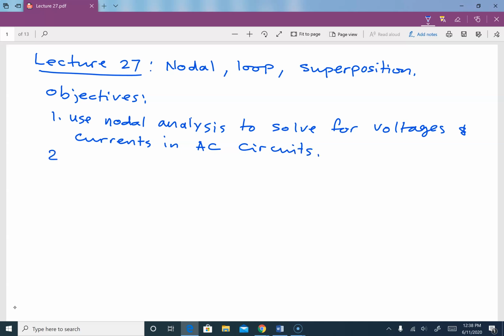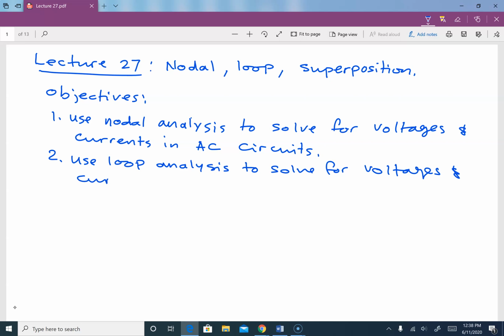The second objective is to use loop analysis to solve for voltages and currents in AC circuits.